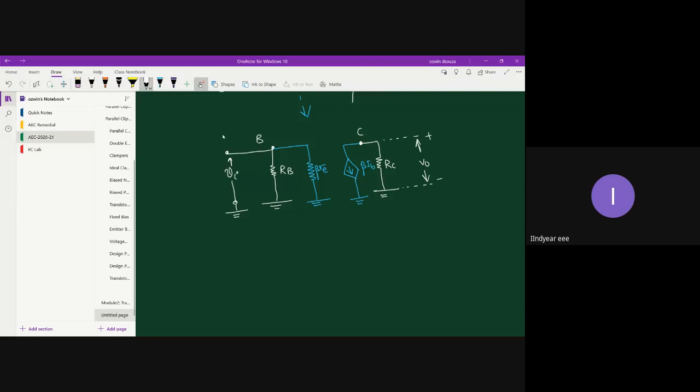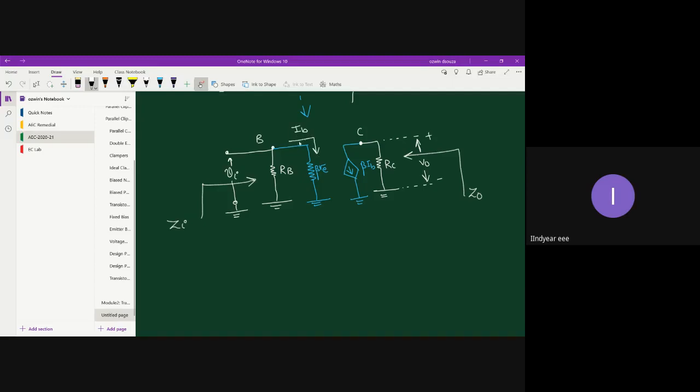Once you have the re model, then you can determine the performance parameters such as Zi, the input impedance as seen from the input terminals, Zo, the output impedance as seen from the output terminals, and then AV and AI. Let us also mark the transistor currents.